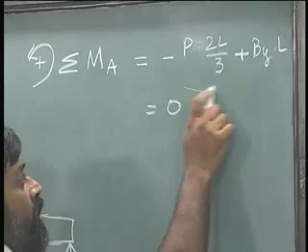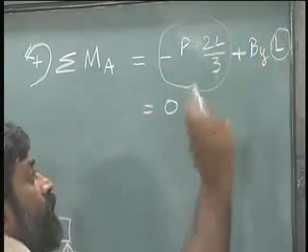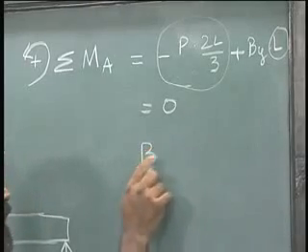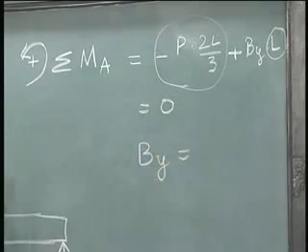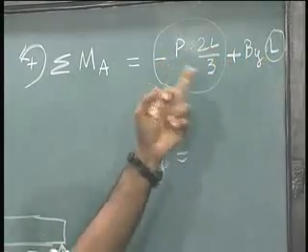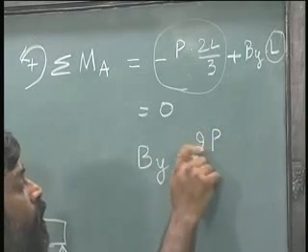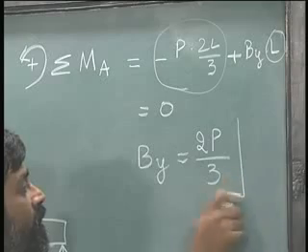Remember, in this particular case P and the distances are known, which means I can immediately find out By. Okay, L will get cancelled and it is nothing but 2P by 3.